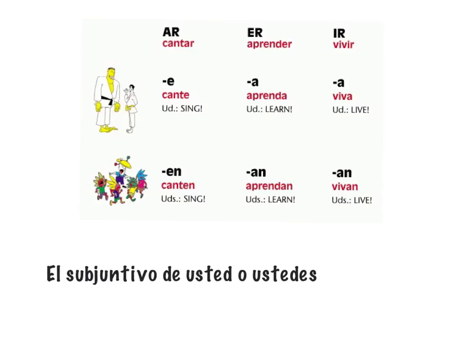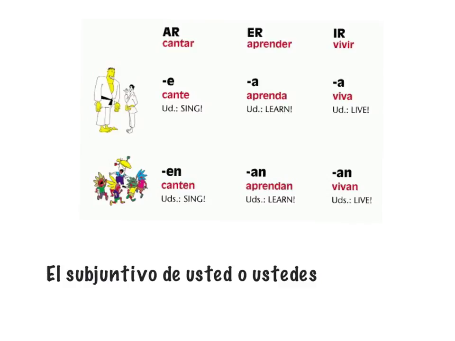Well, how do you conjugate or how do you form commands out of verbs in Spanish? Well, you simply conjugate the persons usted or ustedes in the subjunctive. That's it.